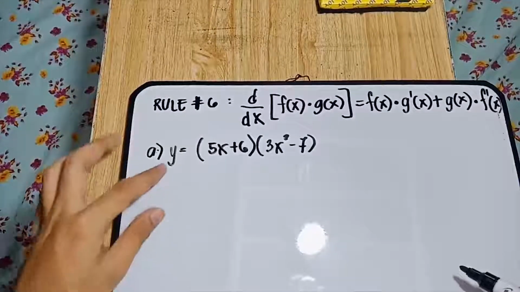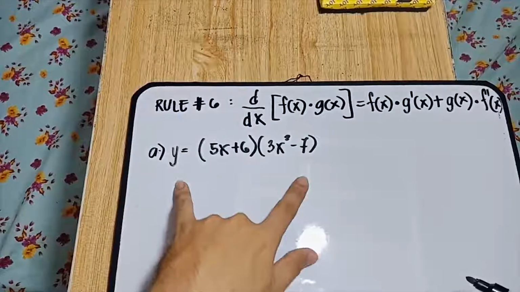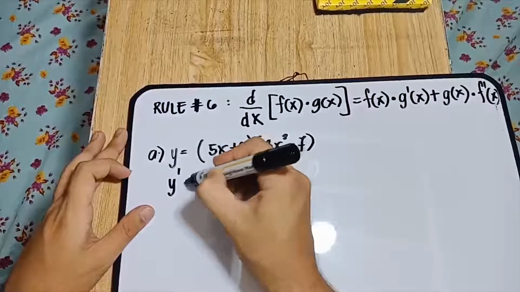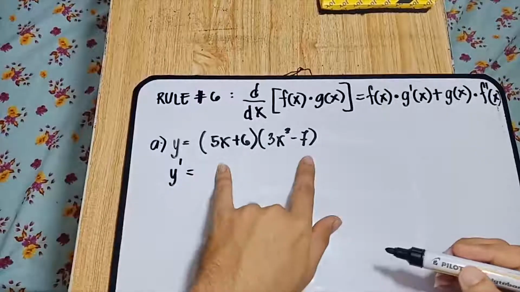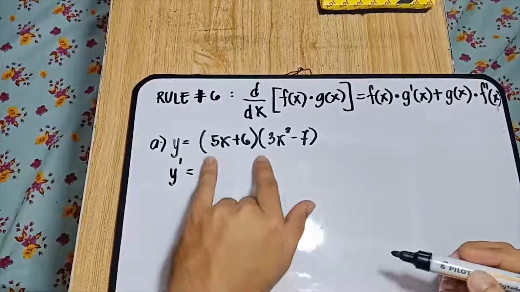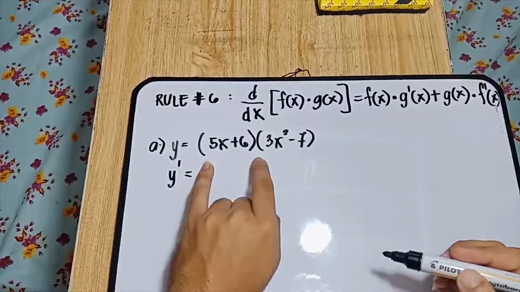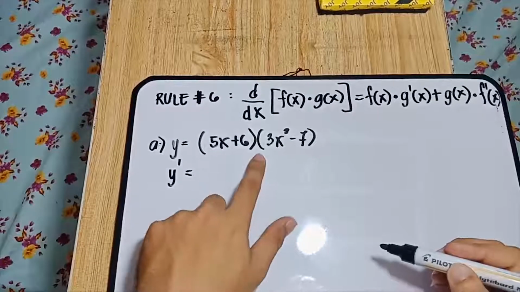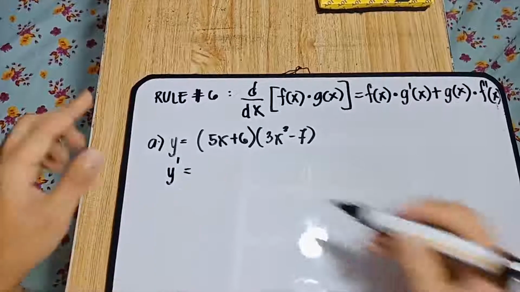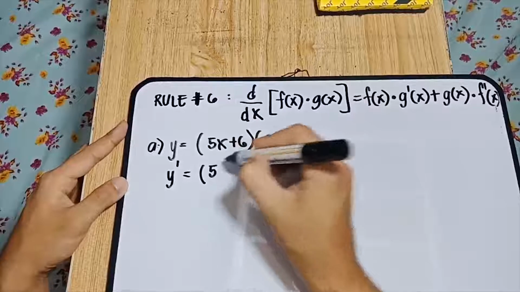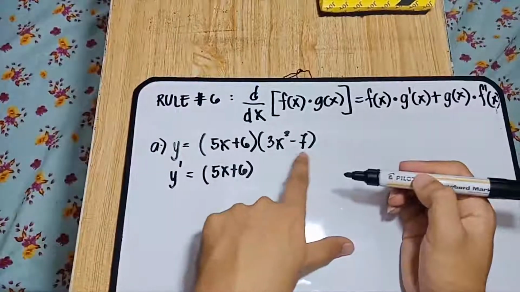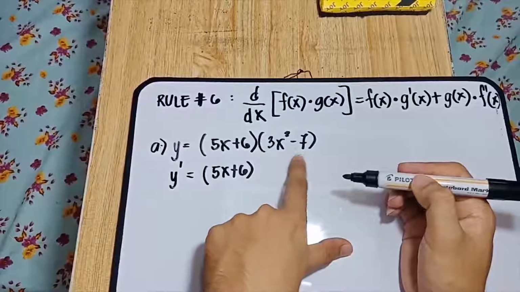So to find the derivative of the example letter A, derivative of y is y prime equals, again, we have two factors. So ang gagamitin natin ay product rule number 6. So paano ba yung product rule? Copy the first term. So copyhin daw muna natin yung first term o yung first function natin, 5x plus 6. Then multiply by the derivative of the second function.